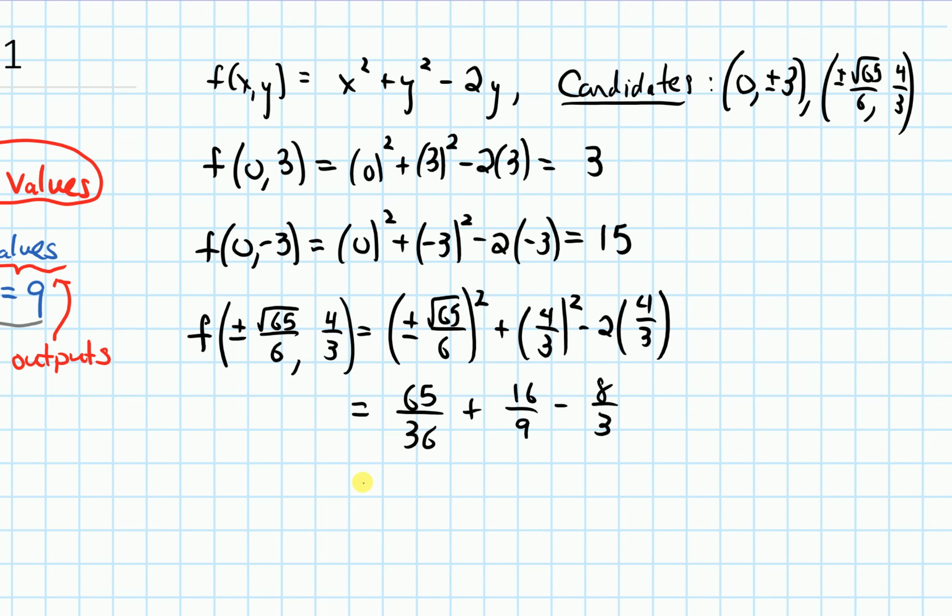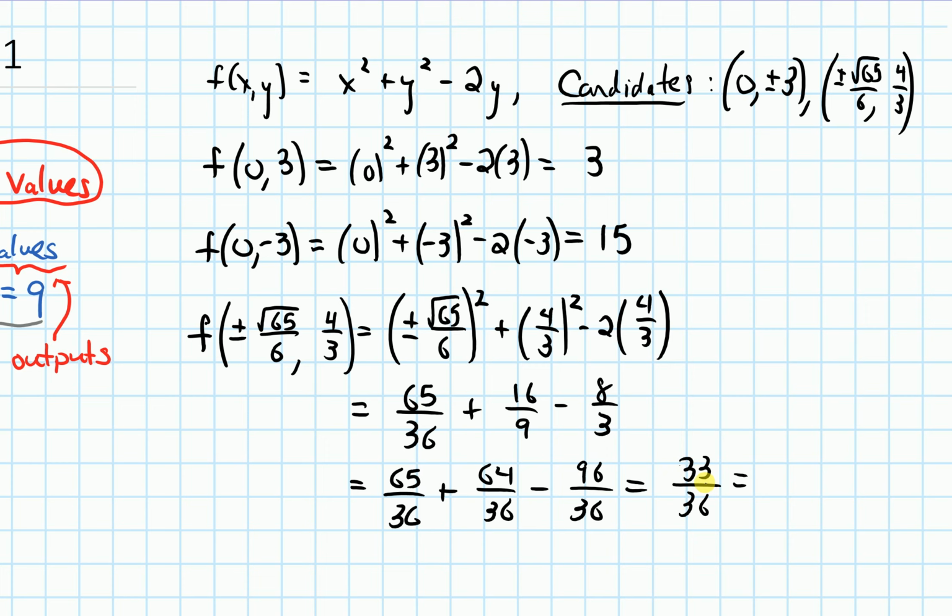So now we need to get a common denominator. 65 over 36 plus the next fraction I should multiply on the top and the bottom by 4. That gives me 64 over 36. The next fraction I got to multiply on the top and the bottom by 12, and that'll give me 96 over 36. And now working this out, we end up getting 33 over 36, which simplifies.